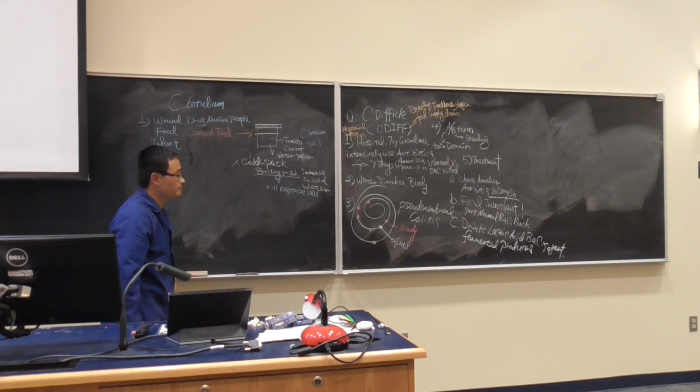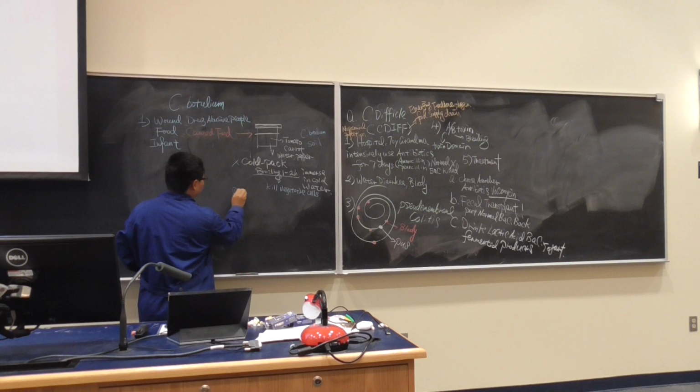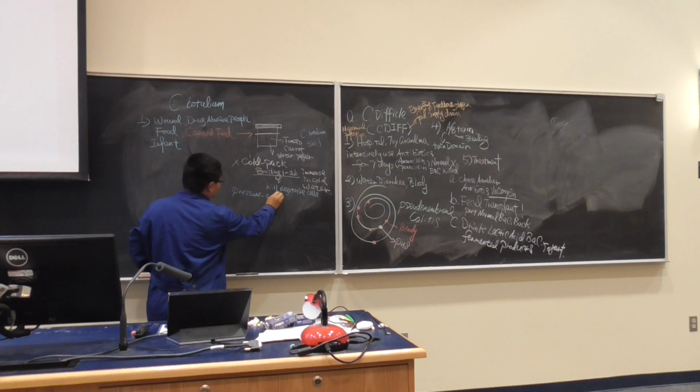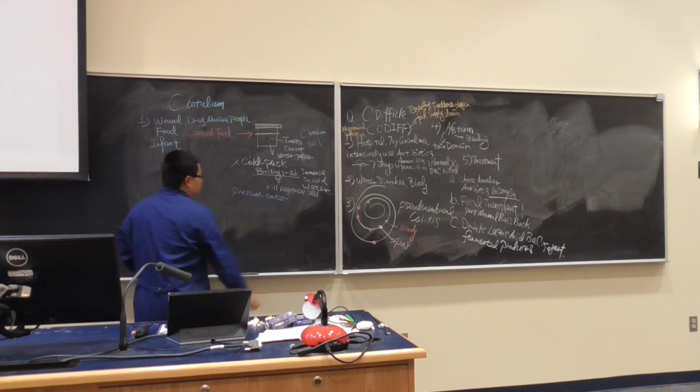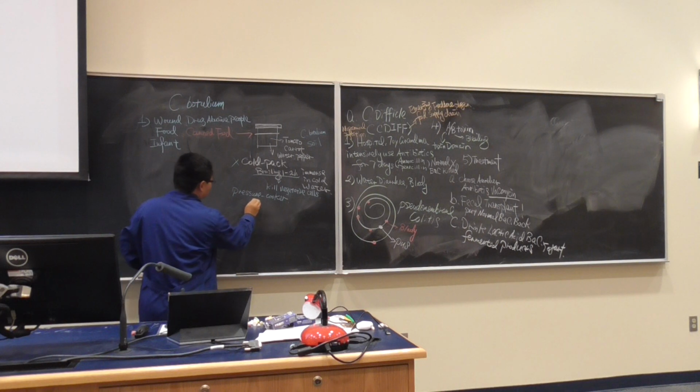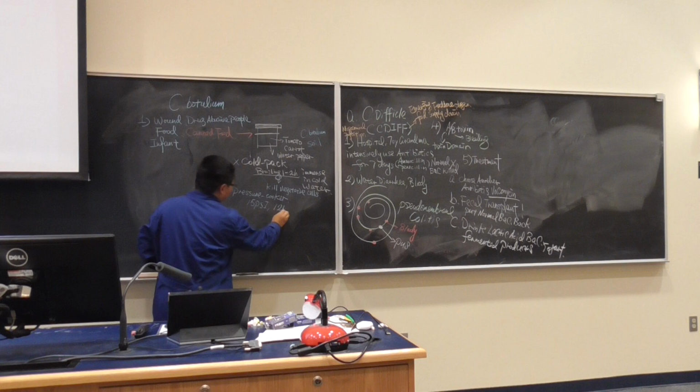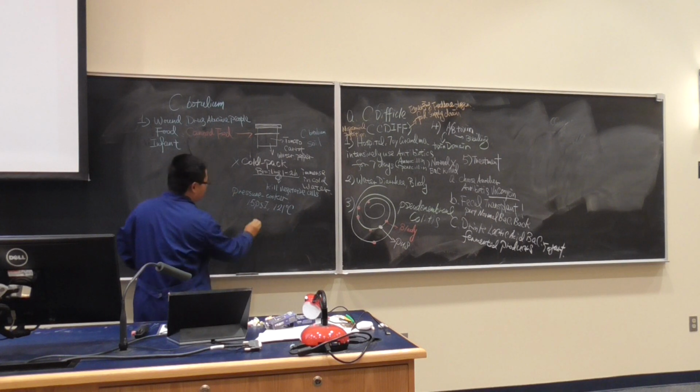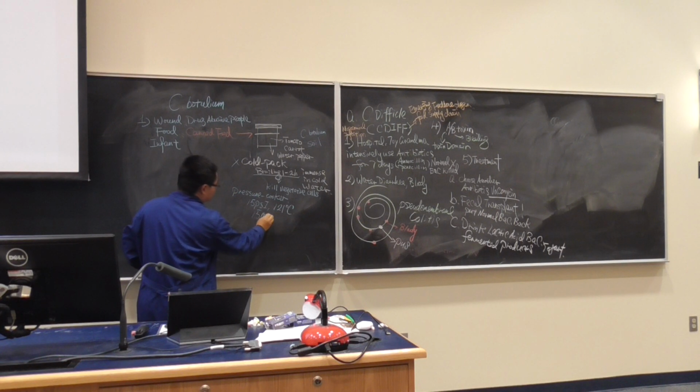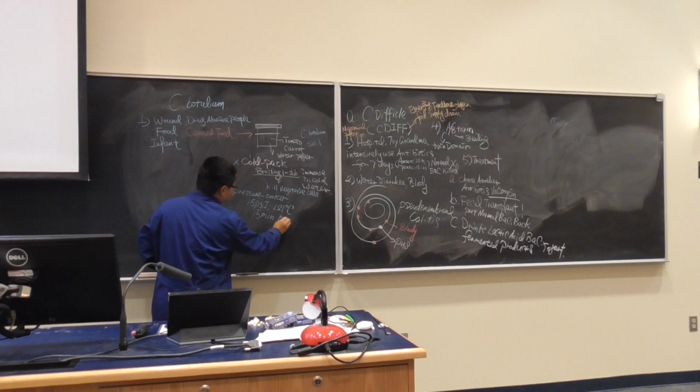Then what are we going to do? We have to use a pressure cooker. That's what lots of small industries do. For a pressure cooker, you need 15 psi, 121 degrees Celsius for 15 minutes. The idea is to kill endospores.